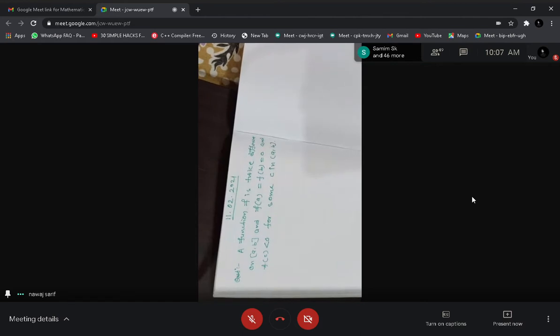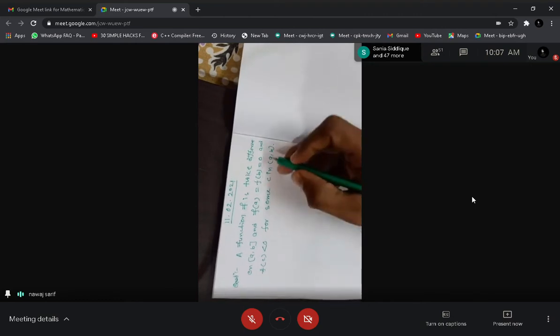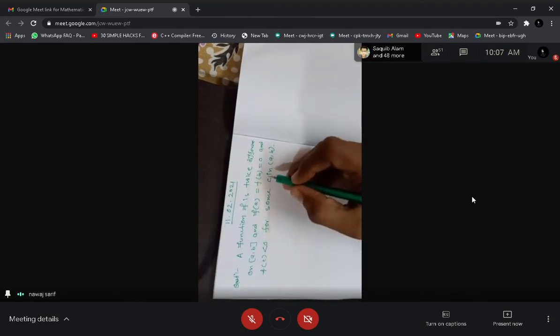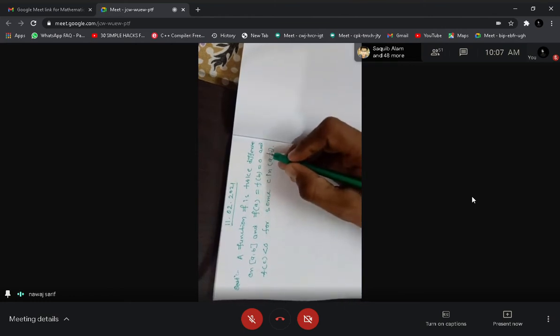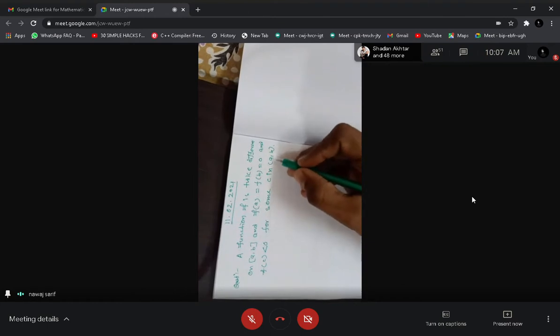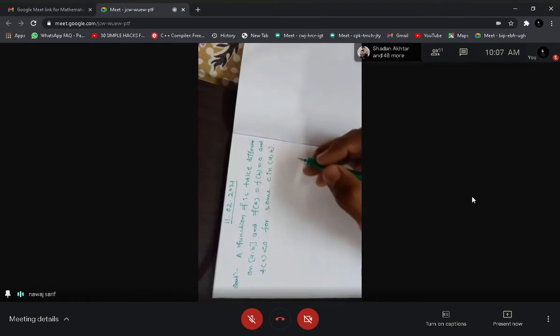Okay, the statement is that the function f is twice differentiable on the closed interval [a,b], and f(a) = f(b) = 0, and f(c) < 0 for some c in the open interval (a,b).